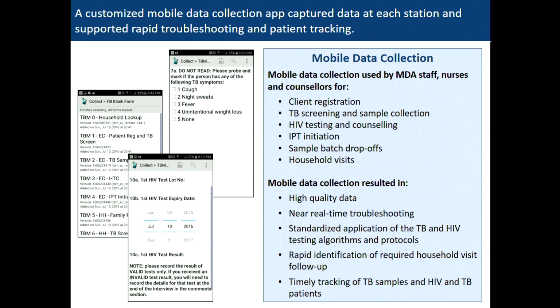One other aspect was that it was key for allowing standardized application of the TB and HIV testing algorithms and protocols that we used. Because the counselors and the nurses are using the application to guide those processes, it makes sure that there is pretty strict adherence to those algorithms and protocols.